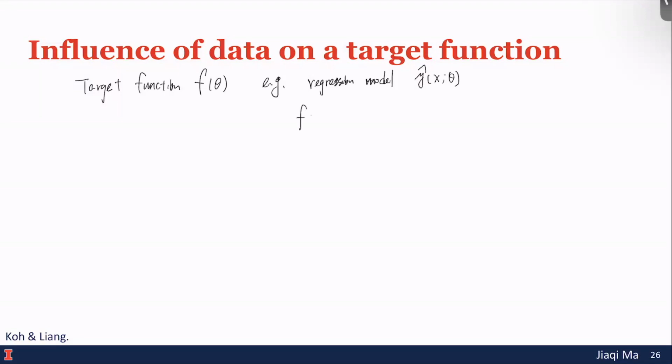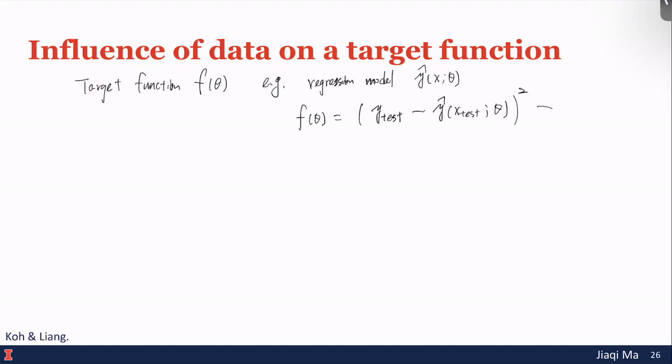Then f theta could be the square loss on a test point, which is y test, the label, minus y hat x test theta, squared.